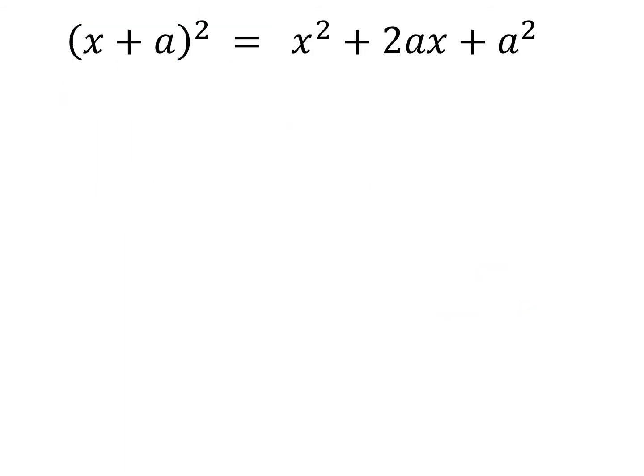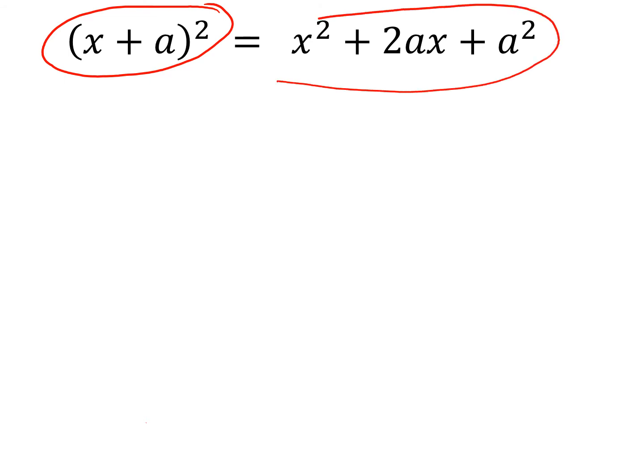Okay, so here's one of the formulas that I gave you a little while ago. And I want you to look at this because if you look at the left side, this is something being squared. If you multiply it out, you get this. And what we're going to want to do is go backwards. I'm going to give you something like this that's already multiplied out, and I want you to go to here.